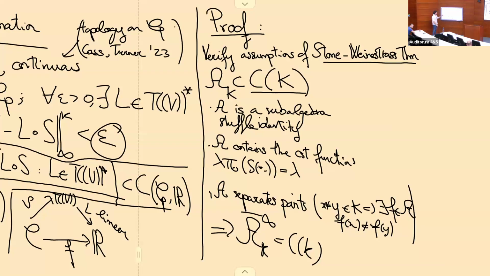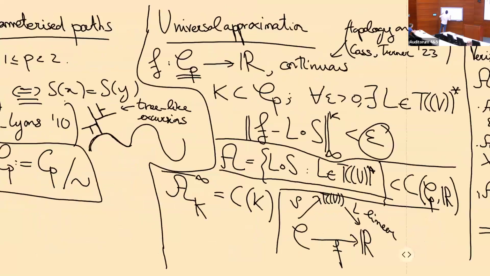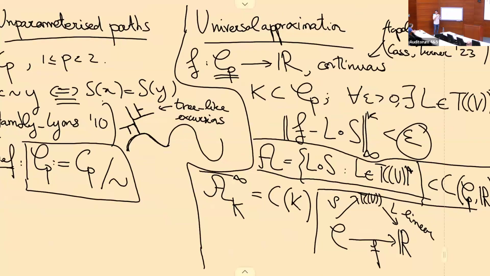The separating points property relies on the faithfulness, or the uniqueness, of the path with its signature. Another way of ensuring uniqueness, as we've seen half an hour ago, is to add a monotone coordinate.